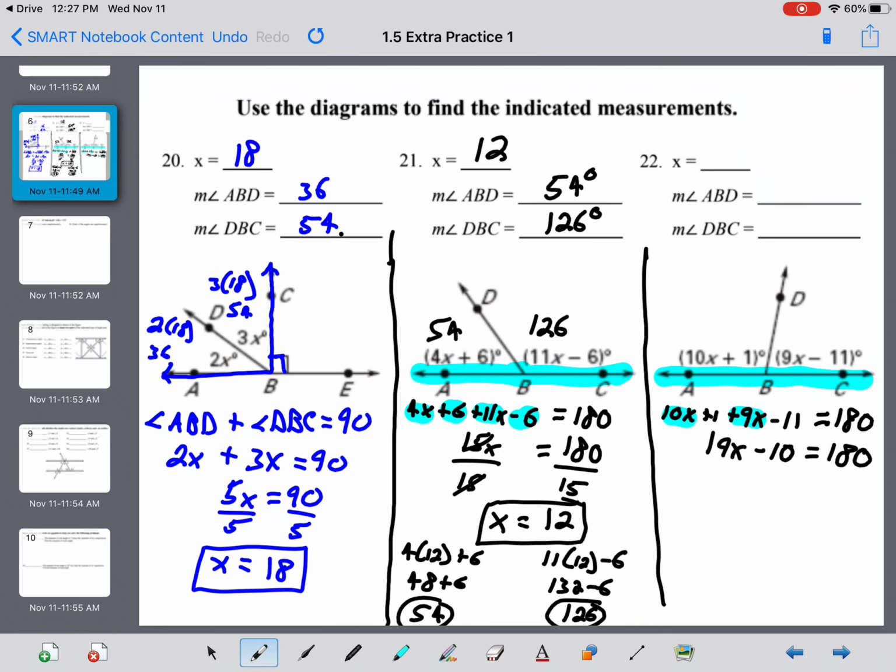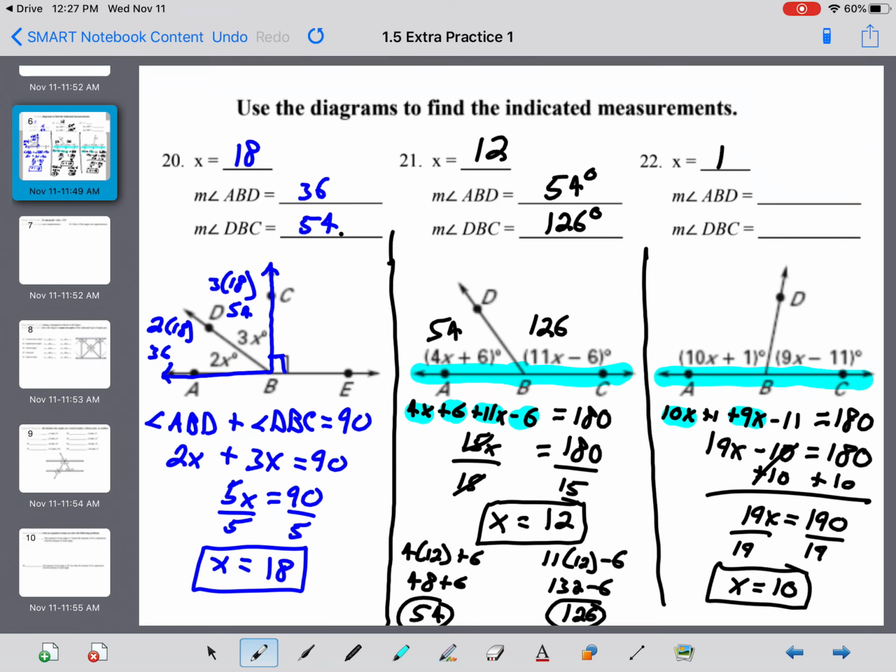Now we have a two-step equation. Add 10 to both sides. 19x equals 190. If we divide both sides by 19, we get x equals 10. All right, so x equals 10 this time.